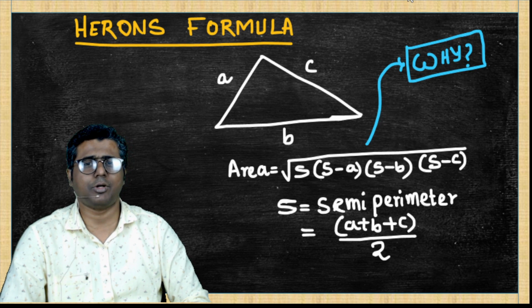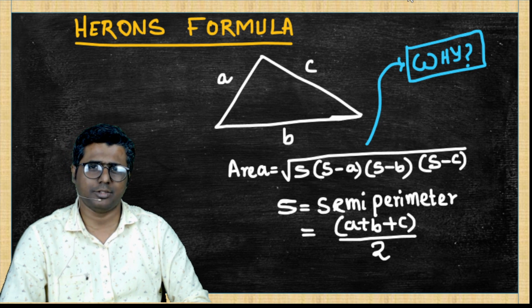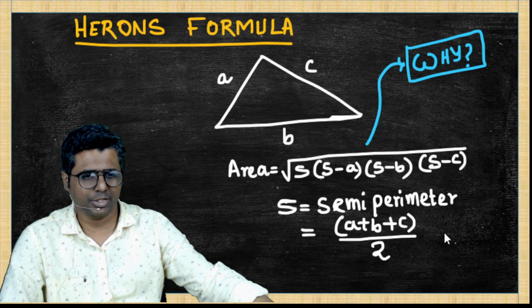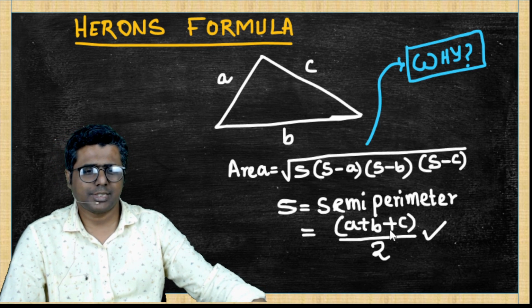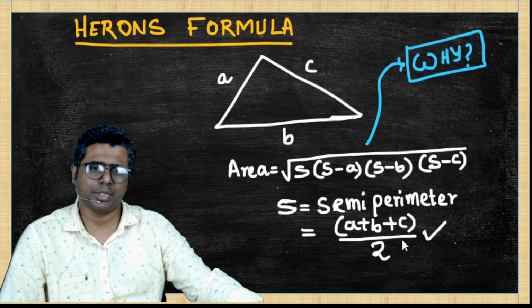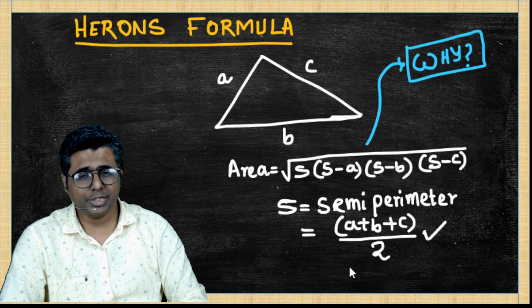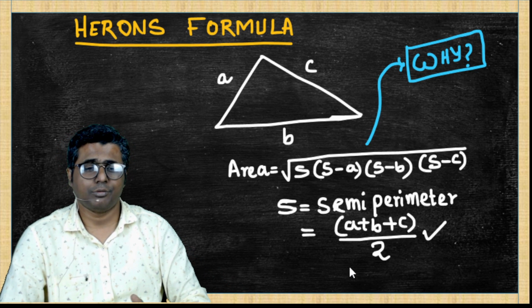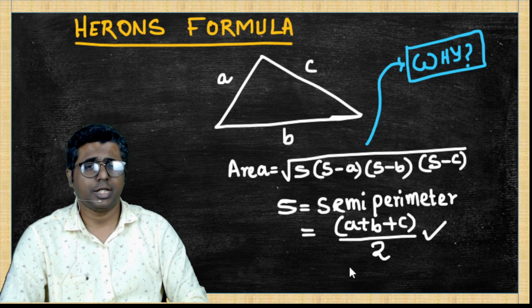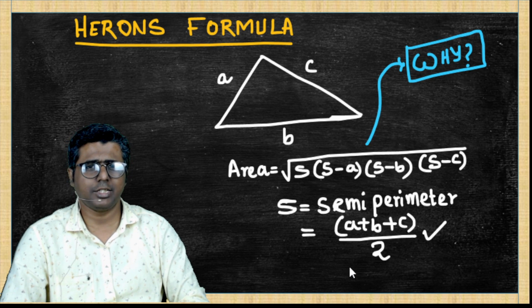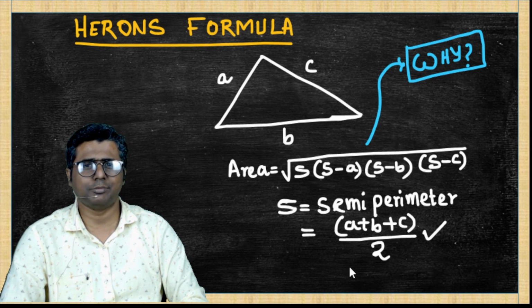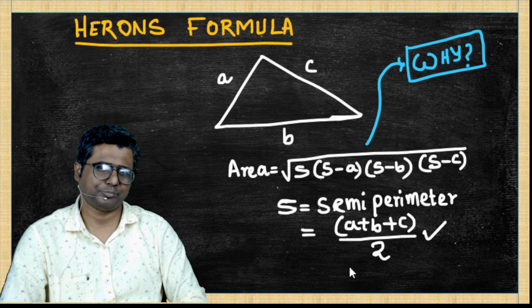Perimeter is the sum of all sides of the triangle, and semi-perimeter is perimeter divided by 2. So here, if you can see, we have written semi-perimeter as a plus b plus c by 2. I am pretty sure many of you know these two formulas very well and are using them diligently to solve various problems regarding areas of triangles.